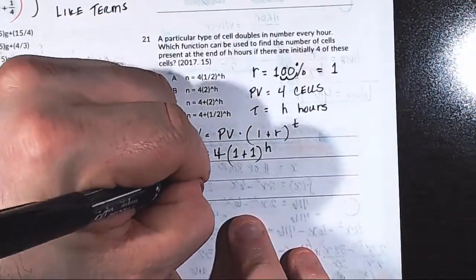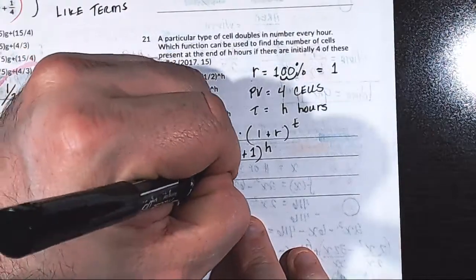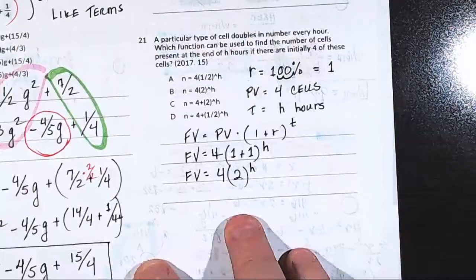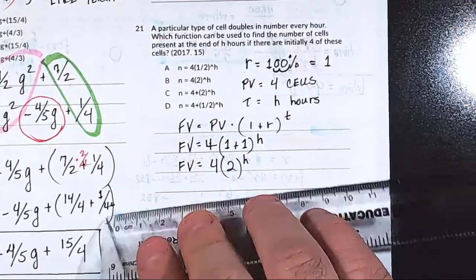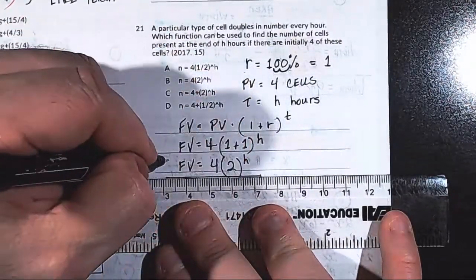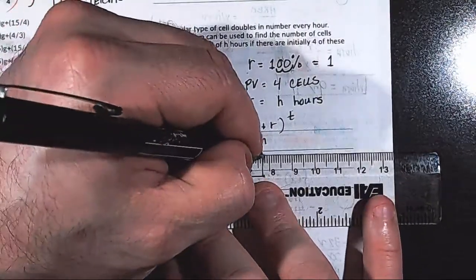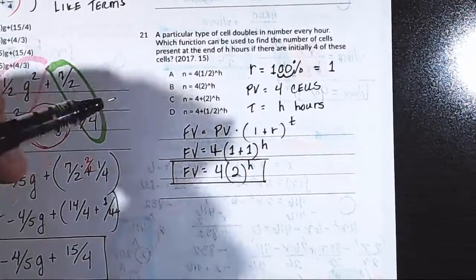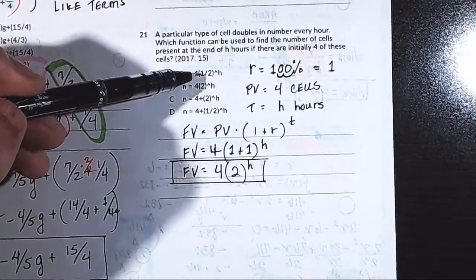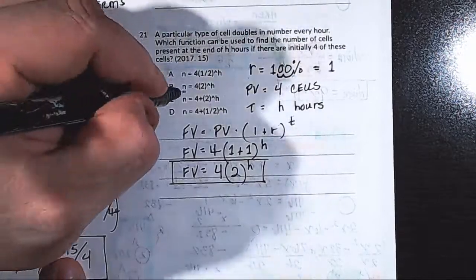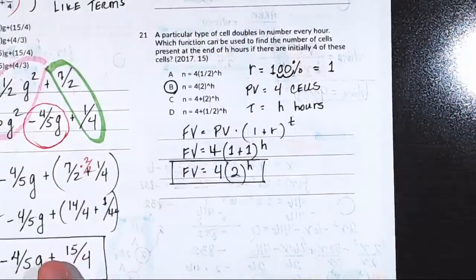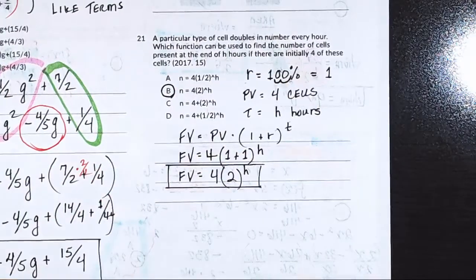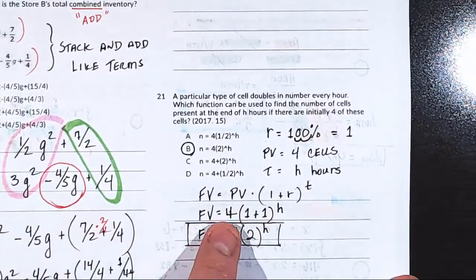So again, future value is equal to 4, open paren, 1 plus 1 is 2, raised to the h. So I'm looking for something that kind of looks like that. Well, looks like future value is represented as n. N equals 4 times 2 raised to the h. That's b. All right, number 21 is b. Got to show this work. What's the y-intercept here? It's 4.